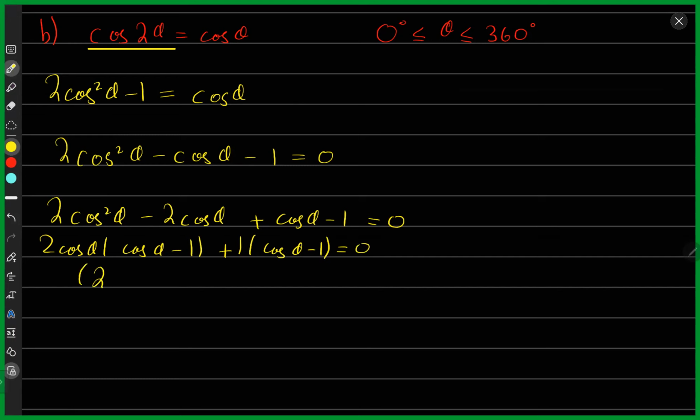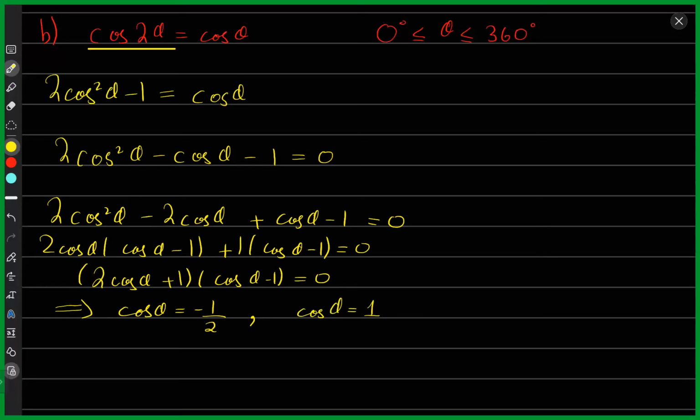And finally, the two factors are going to be 2 cos theta plus 1 into cos theta minus 1 equals 0. And this would give me cos theta equals minus 1 by 2 and cos theta equals 1.